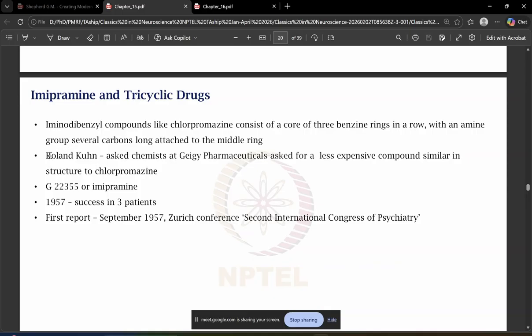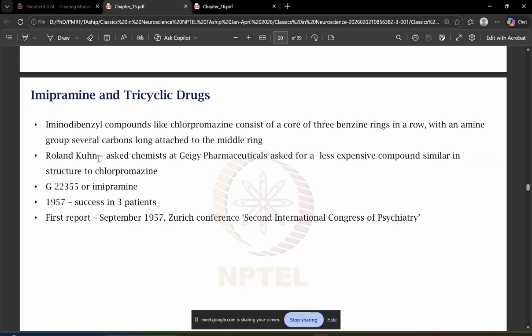So there was an individual called Roland Kuhn. He was working at a psychiatry department at an institute, and he wanted to study chlorpromazine. But the problem was that chlorpromazine was more expensive.